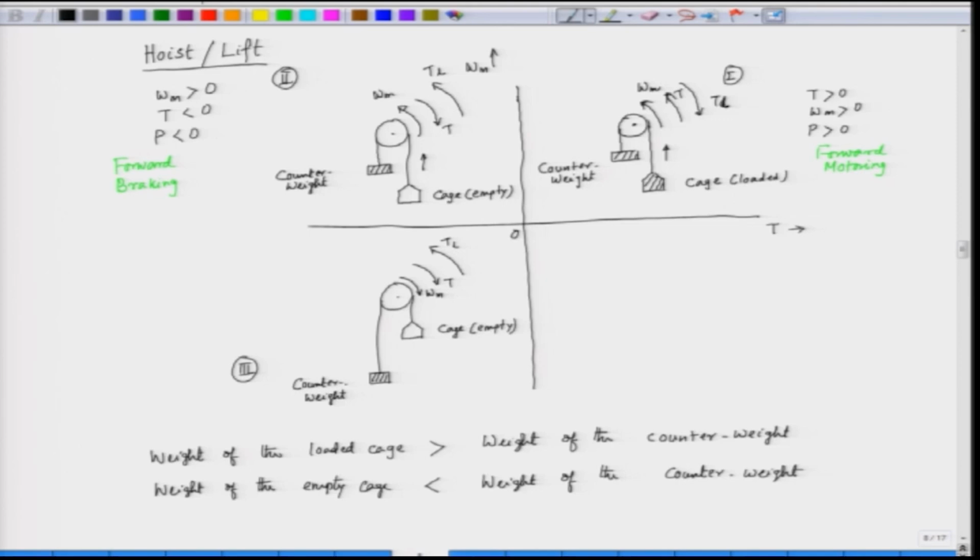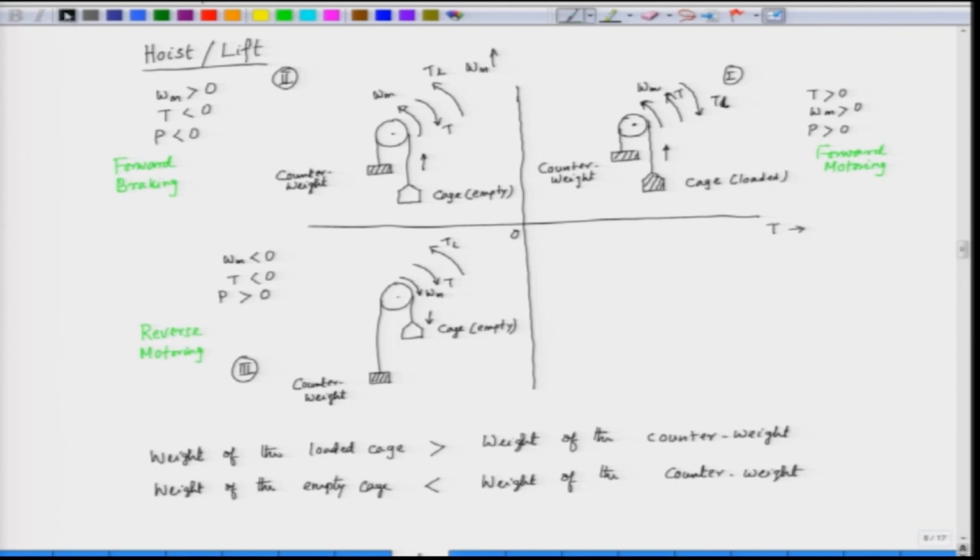In the third quadrant, speed is negative, the speed is reversed, and the torque is also negative, hence the power is positive, the product of torque and speed. So, this is called reverse motoring, motoring in the reverse direction.